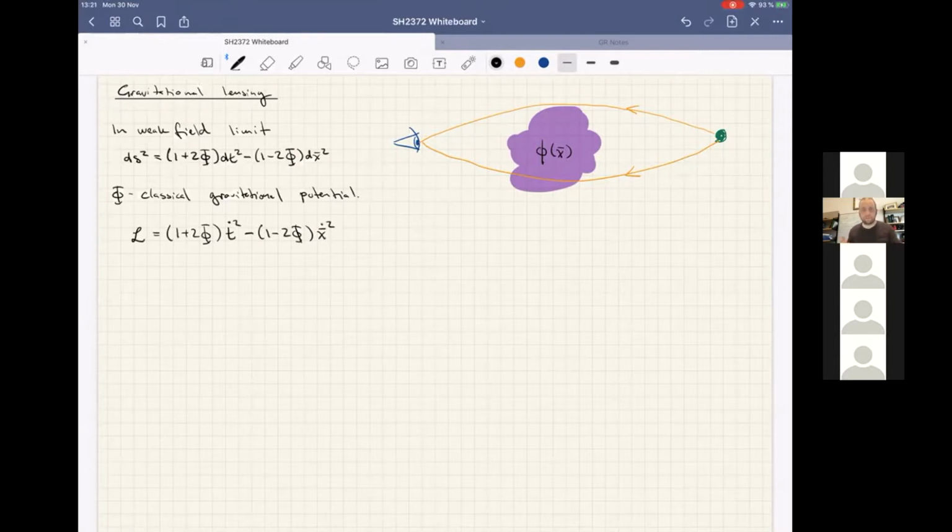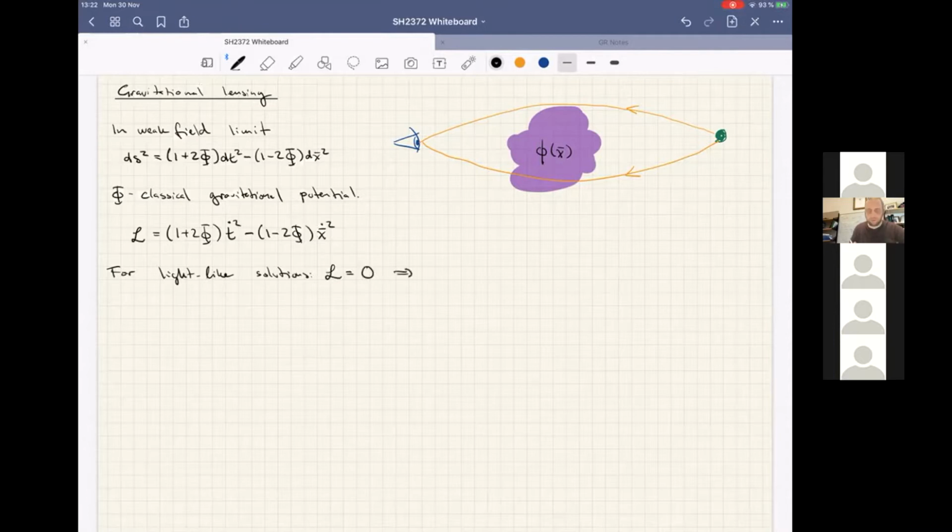And the thing now is that we're going to look for light-like solutions. So for light-like solutions, we would have that L is equal to 0.